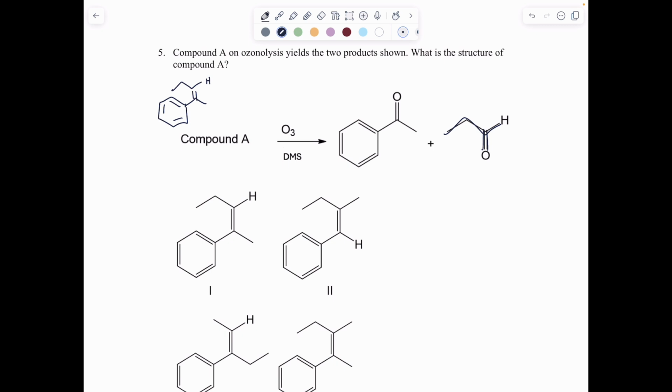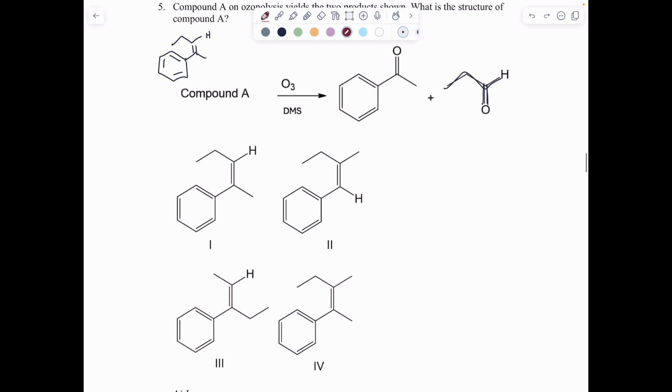So if we started with this structure, added O3-DMS, the double bond would break right down the middle and we would get these 2 products. So now let's figure out which of these options looks like compound A, and it looks like I is going to be the correct answer.